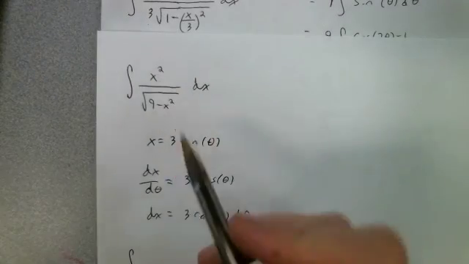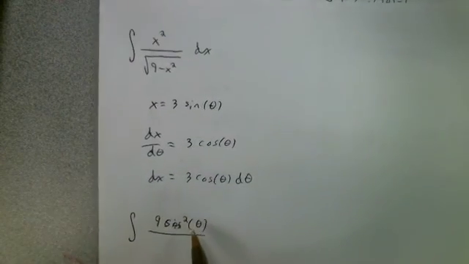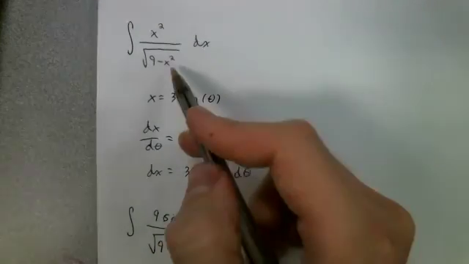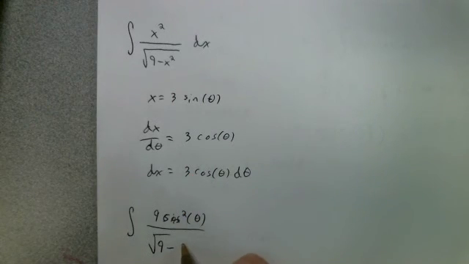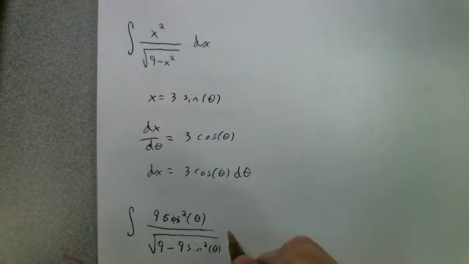If you do that, x squared will be 9 sine squared theta. On the bottom, you'll have 9 minus, all right, x squared becomes 9 sine squared theta. dx we're replacing with 3 cosine theta d theta.